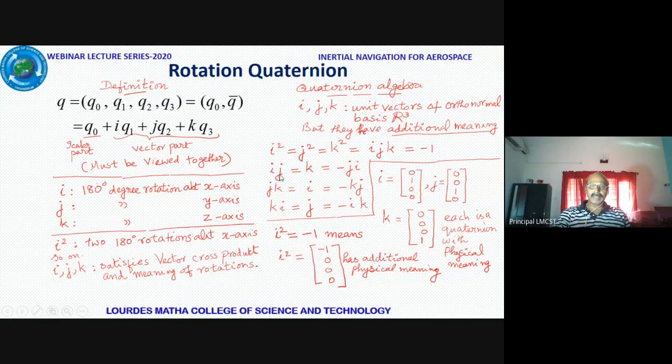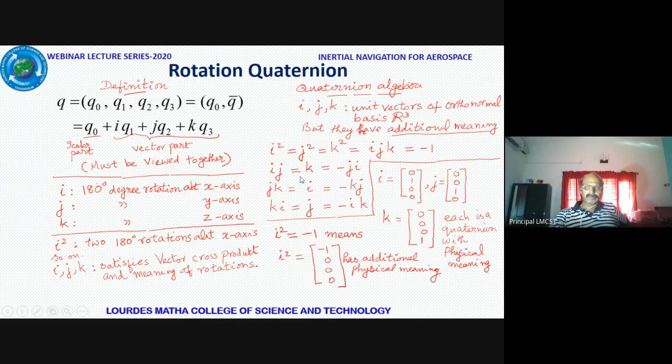Then ij equals k, this is nothing but the cross product. i cross j will be k in our conventional cross product. j cross k will be i, and this also satisfies, you can check. And k cross i will be j, similarly.